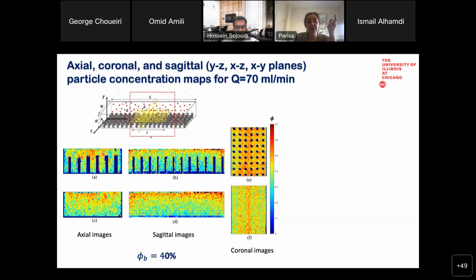If you look at the other view, the axial images, which is the YZ plane, you will see there is a maximum at the middle or center of the channel, which is due to the shear-induced migration.